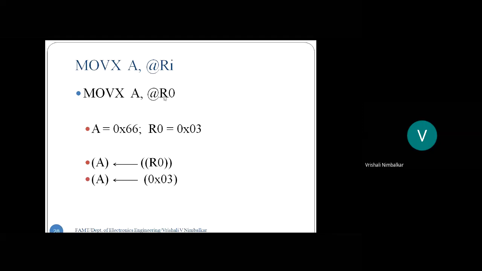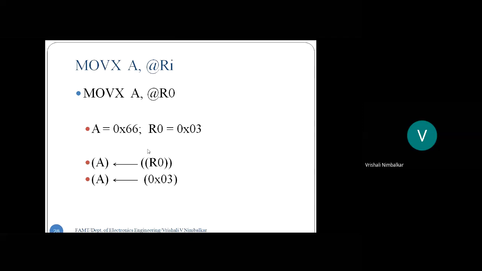Correct. So let us assume some numbers. Accumulator is initially stored with 66 hex and R0 is stored with 3 hex. What is 3? That's an address stored in R0 because R0 is a pointer. So R0 will be holding a memory address. Correct, students? So see the explanation.